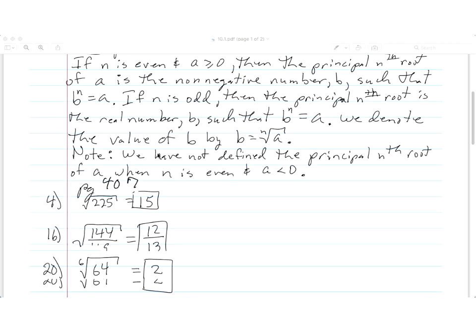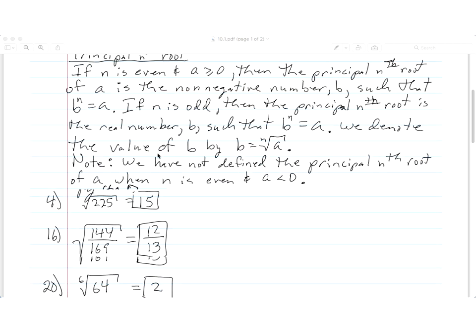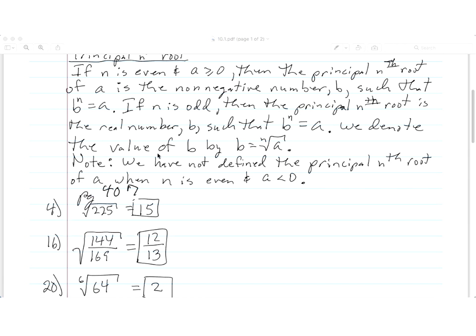Let me do problem number 20. In exercises 17 through 36, find the indicated roots, if possible. I want to find the sixth root of 64. And so the radicand is 64, and the index in this case is 6.